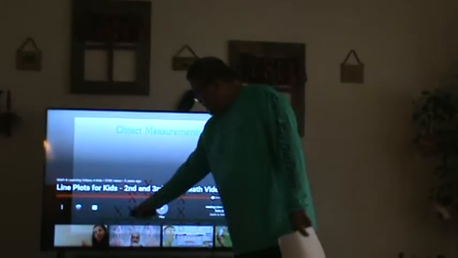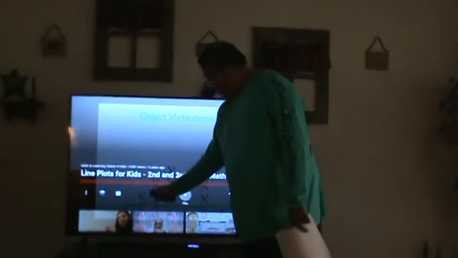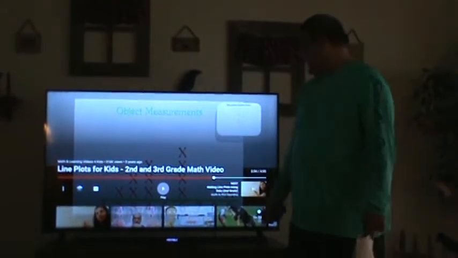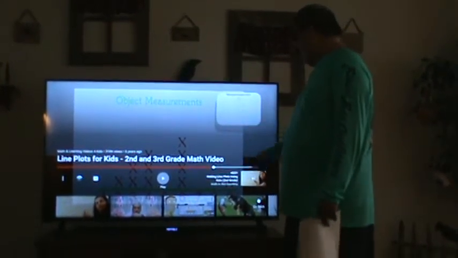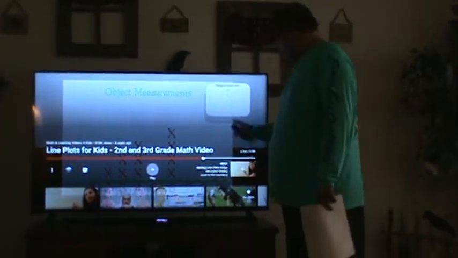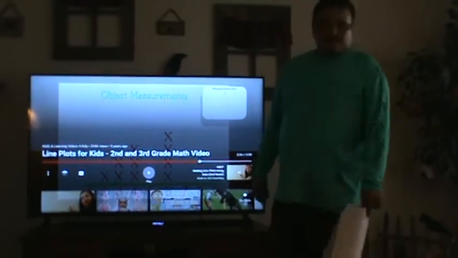They didn't write the number 2 above 3, they made a mark for each item so you could count them. 1, 2. 3 things that measured 4 inches, 3 X's, 3 marks, 3 tallies. They had 4 things that measured 6. So 1, 2, 3, 4. 4 things that measured 6. And then only 1 thing measured 9, so that's why there's only 1 X right there.